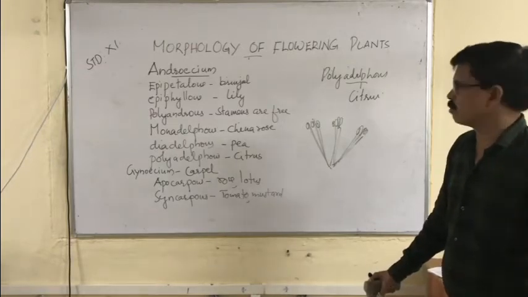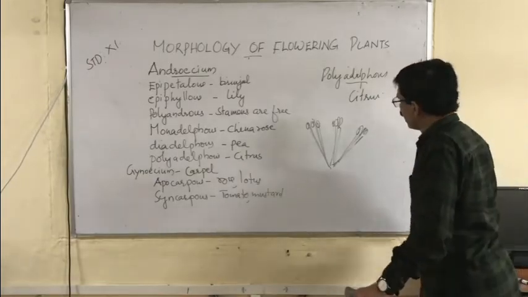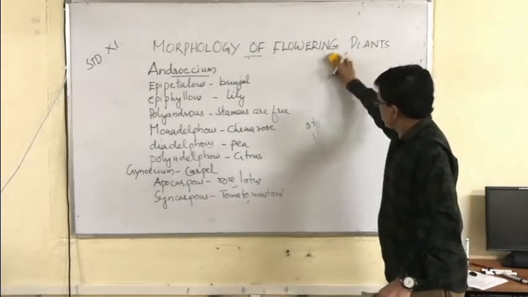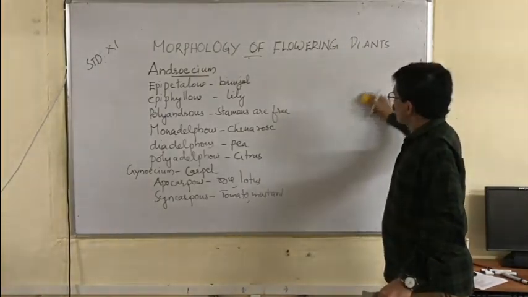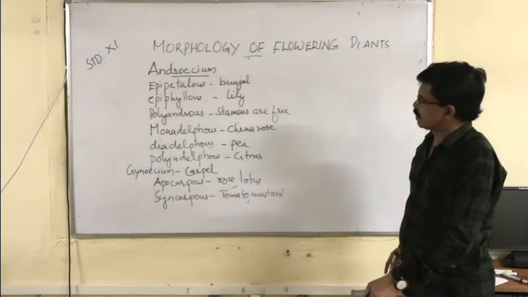Now, there are some terms connected to the gynoecium. I told you gynoecium is the female sex organ of the flower. Gynoecium is also called the pistil. Now, what is a carpel? Carpels are the individual units of the gynoecium.